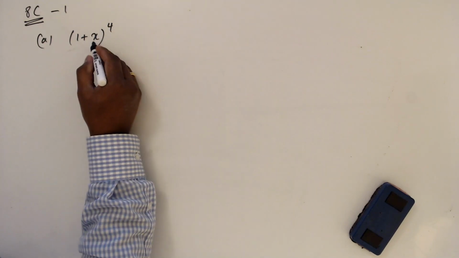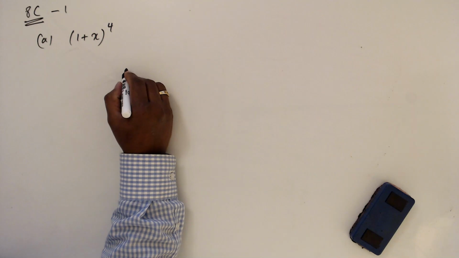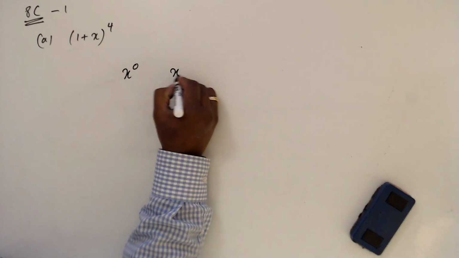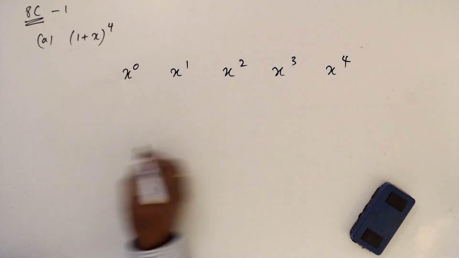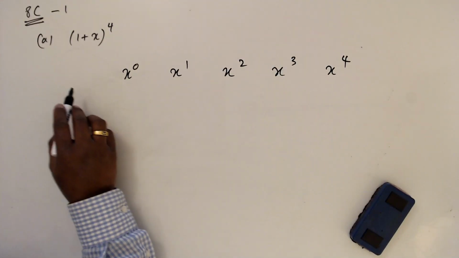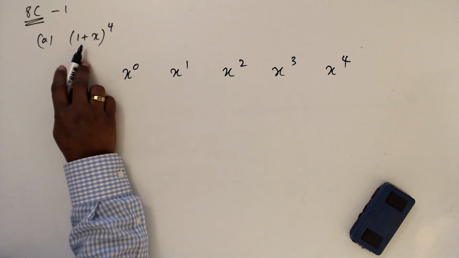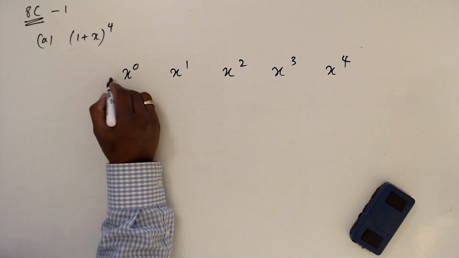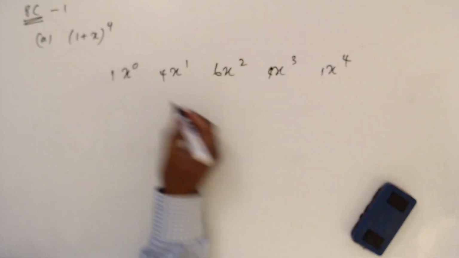It means you start with x^0, x^1, x^2, x^3, x^4. And then if you know the binomial coefficients, 1, 4, 6, 4, 1. And that's it.